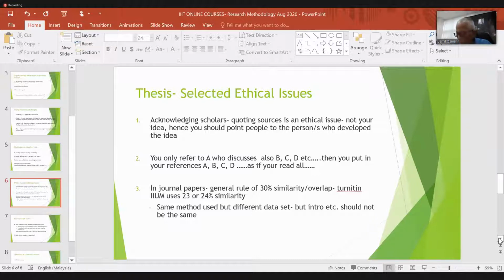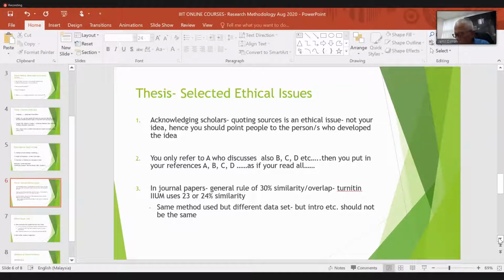A third issue, and this is about, well, it's not in the thesis itself. This is after you, let's say, after you have completed your thesis, and now you are converting your thesis into journal articles, all right? Now, there is a general rule. It may differ from journal to journal, but as far as the IIUM journal is concerned in the past, we have a general rule of 30%.